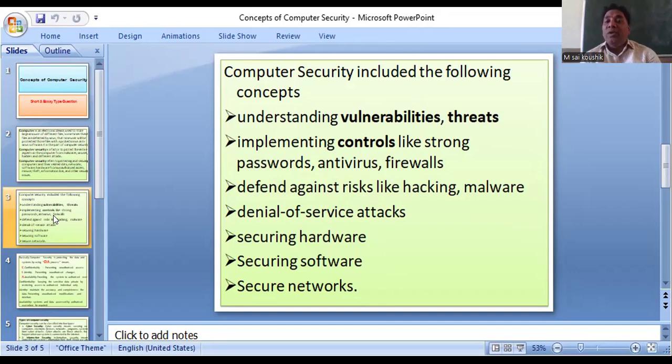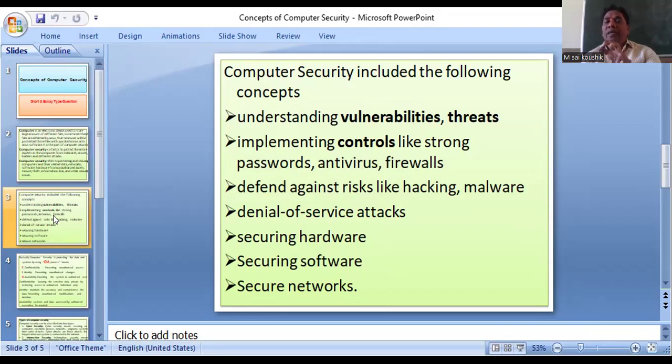Computer security secures hardware. Yes, you know, hardware is the physical components of the computers. All the physical components of the computers will be controlled and secured by computer security always. Computer security secures the software.